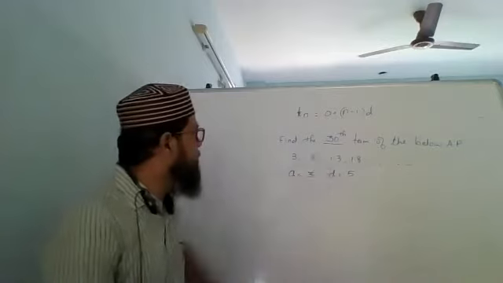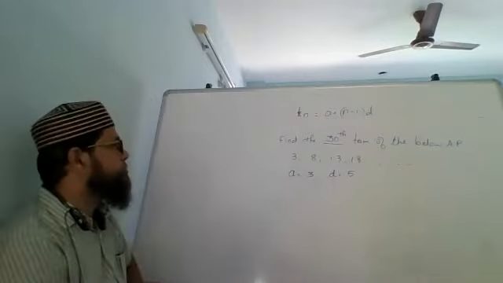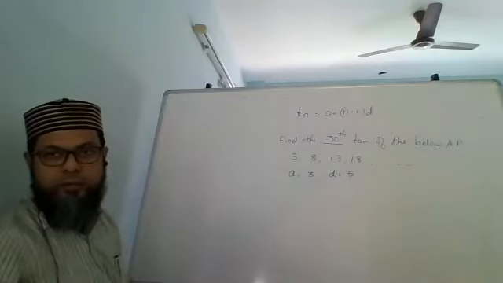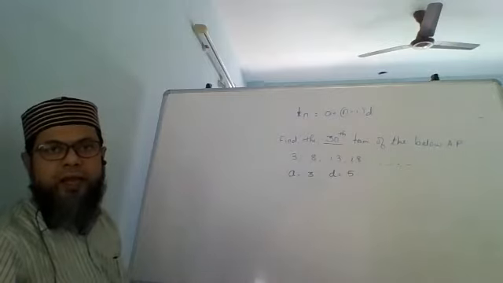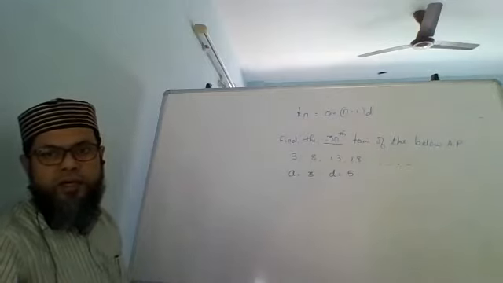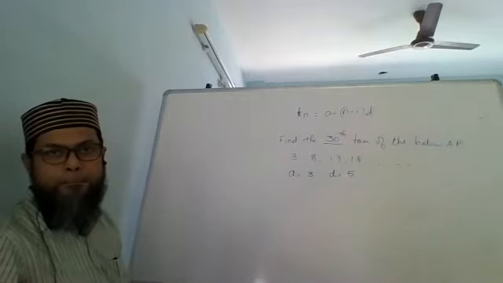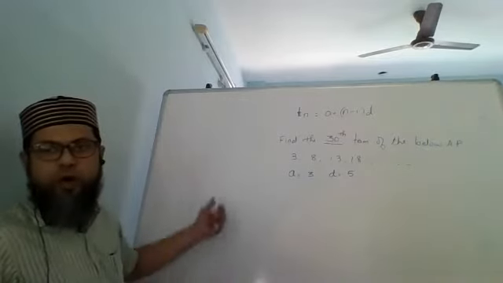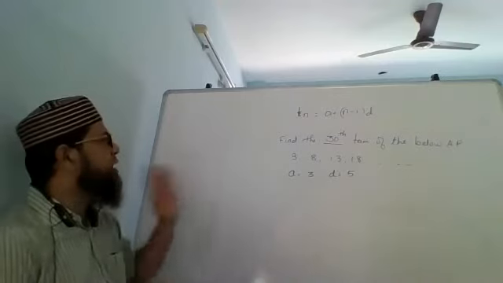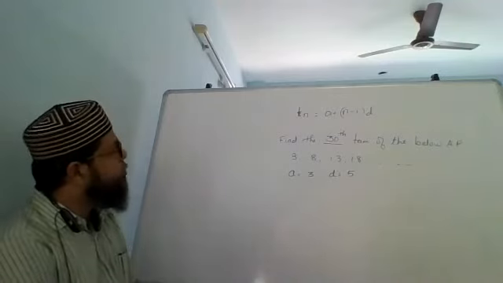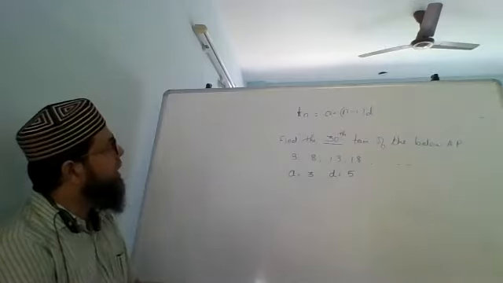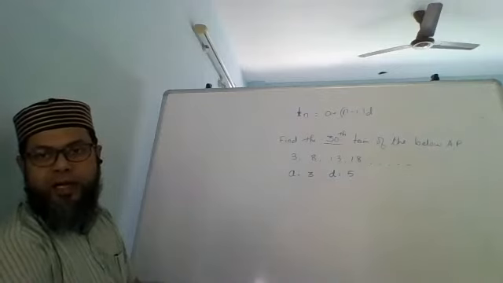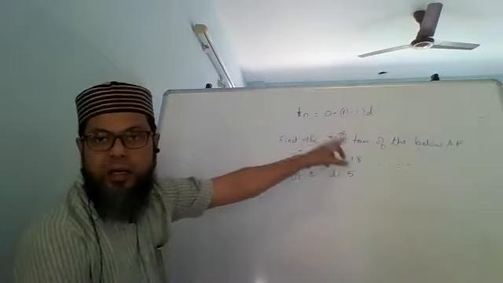So this we have found out. Now what do we have to find? Is anything else given to me in the problem? N. What is n? Is n given or Tn given? This is the confusion that happens in these sums. The sum just says this is the 30th term, so is n equal to 30 given or is T30 given? Is it that I have to find T30 or find n? 30th term, find.